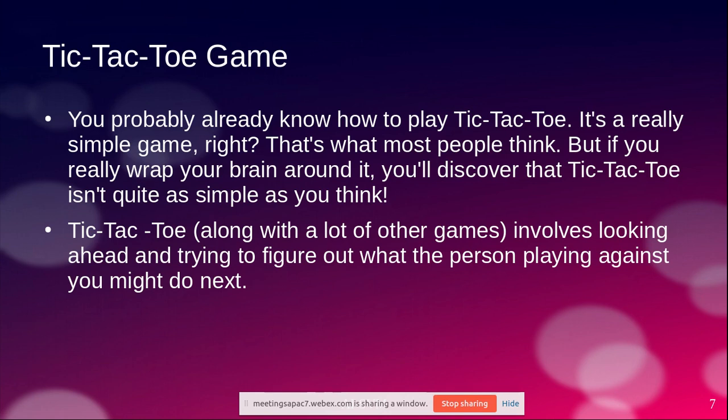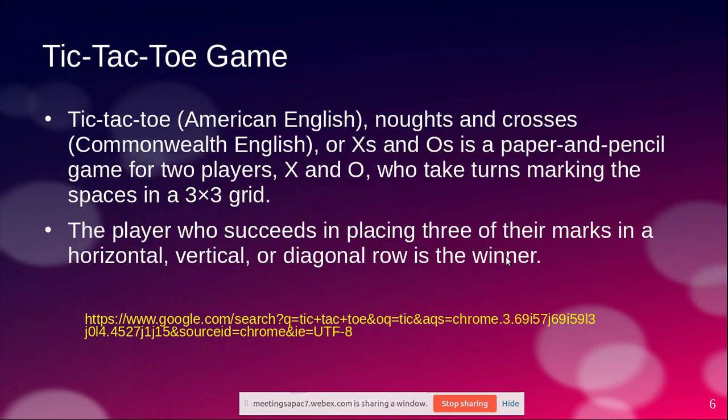I think it's familiar to you on the screen, a tic tac toe game. What is that? Yeah, definitely you know it very well. It's a game. In American English, it is called tic tac toe, noughts and crosses in the Commonwealth English. Otherwise, X and O's in a paper pencil model. It's a paper and pencil game with two players.